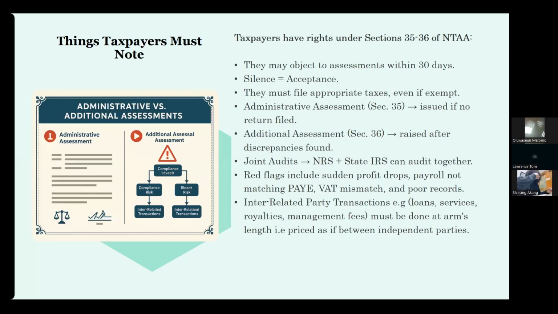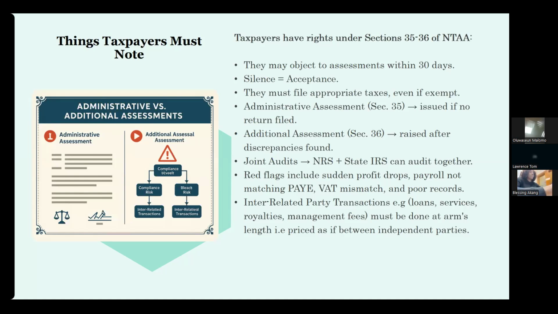And in the process, they see something like you've not paid your income tax. Now the provision is there that there could be a joint audit between the State Inland Revenue and the Federal Inland Revenue, which in 2025, 2026, will be the NRS. So they could say, okay, we are in the process of auditing this business and we're seeing some discrepancy that affects you.